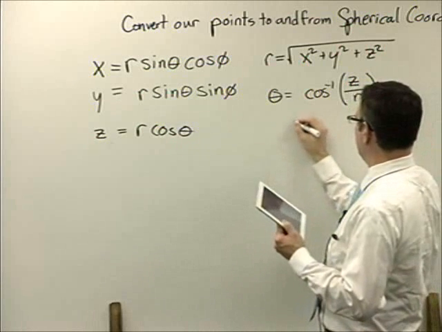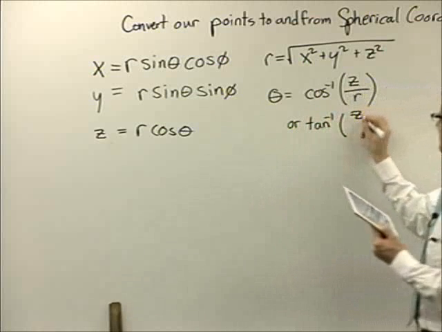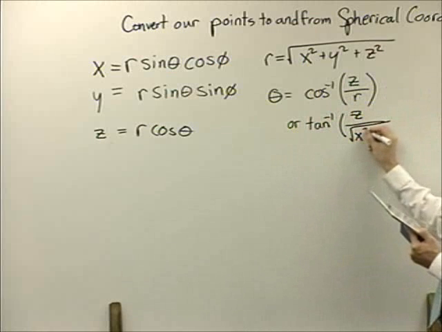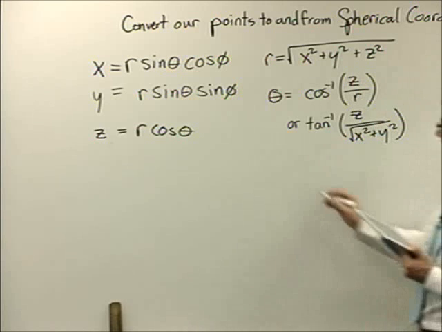Or you could say inverse tangent of z over the square root of x squared plus y squared, if you hadn't computed r yet. It's geometrically the same thing, just using the Pythagorean formula and a little bit of trig.